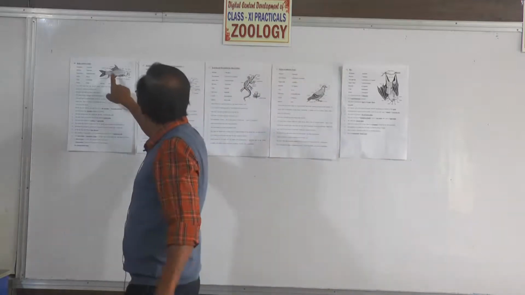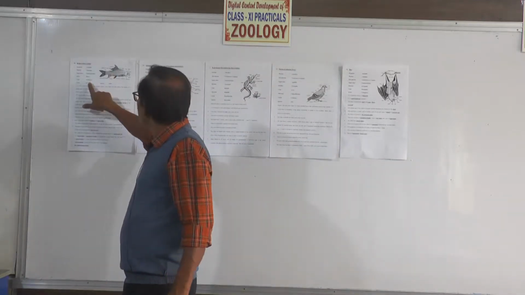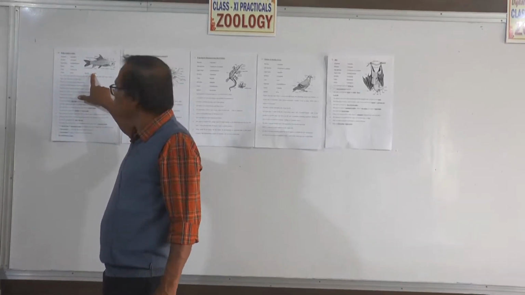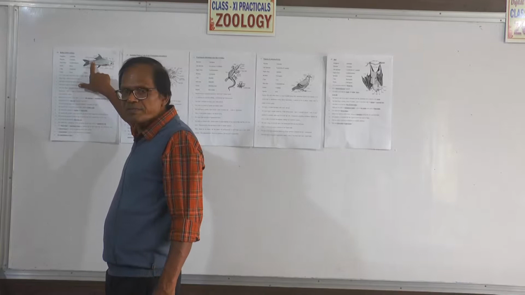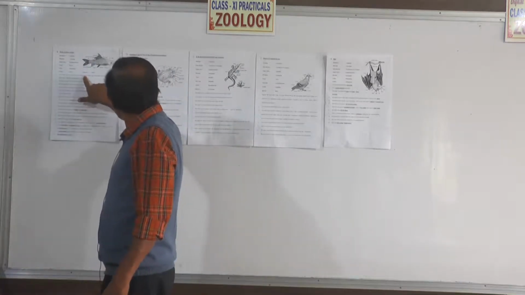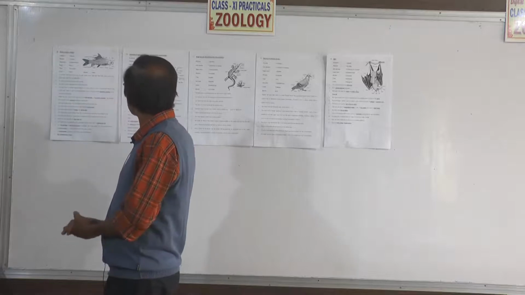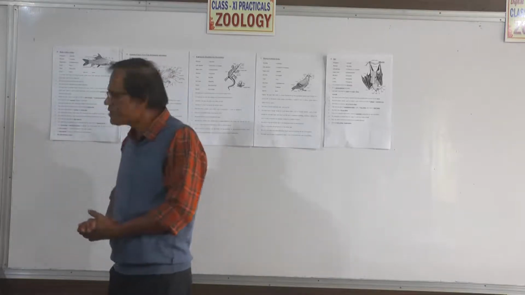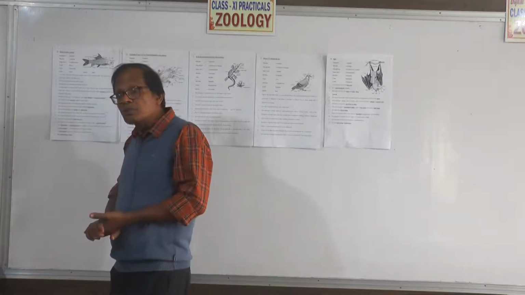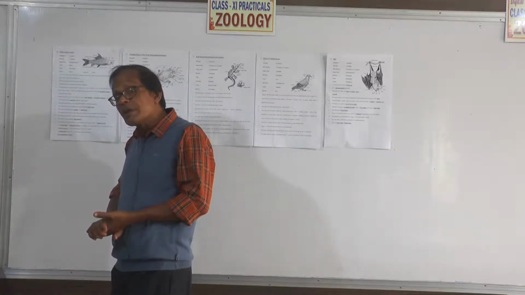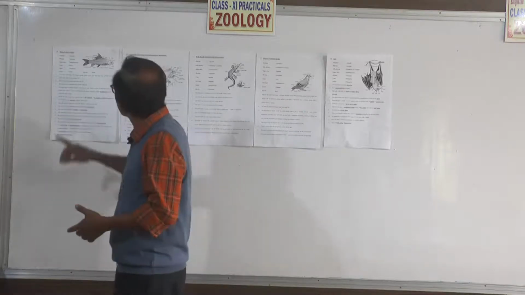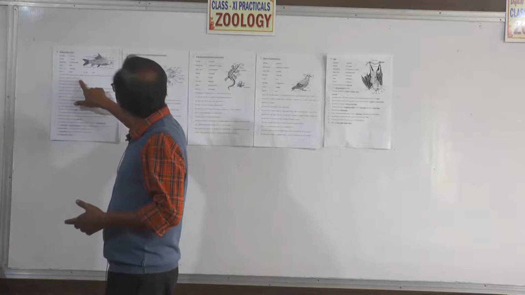So this is a rohu. The scientific name is Labeo rohita. Rohu is a freshwater, bony fish, living in ponds, pools, rivers, lakes, and other freshwater bodies. It is identified as a major carp, cultured as an edible fish.